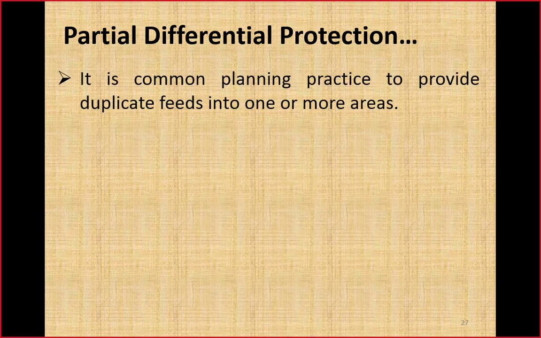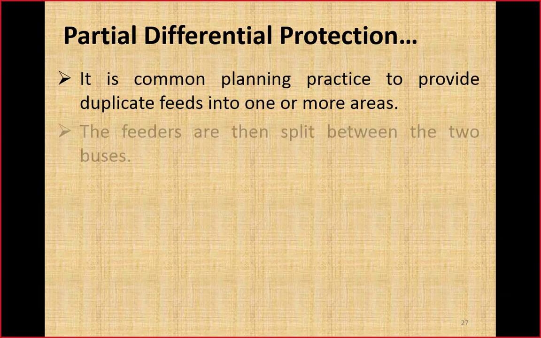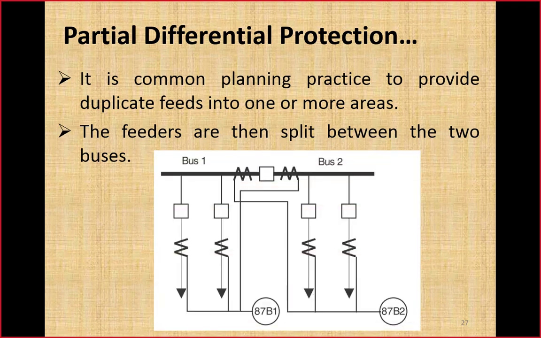So it is common planning practice to provide duplicate feed into one or more areas. The feeders are then split between the 2 buses like this. Here we have a single bus scheme, but to increase the reliability of a single bus, because a single bus is the least reliable, if a fault occurs on the bus, the complete bus will be out.